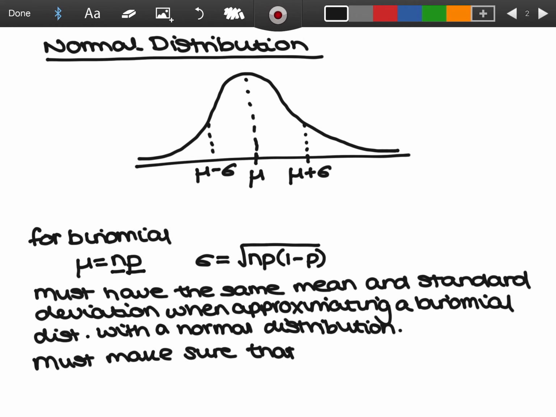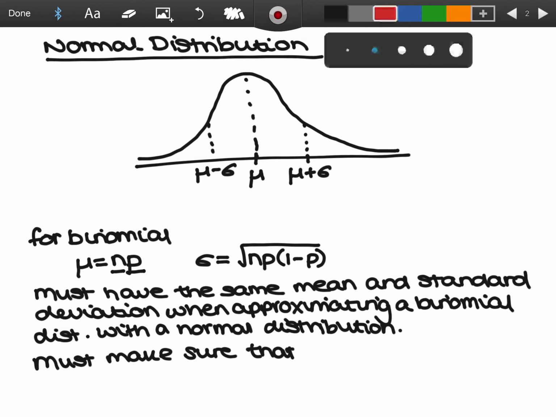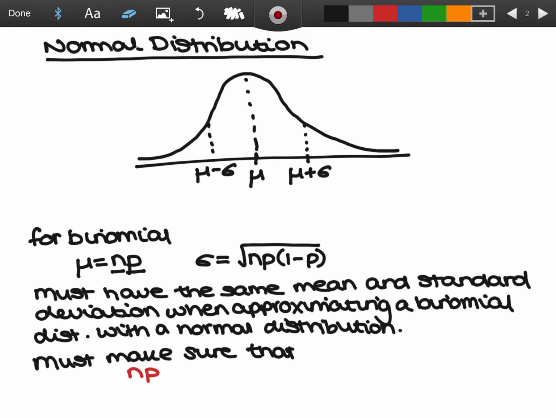First thing is that you would like n times p to be greater than or equal to 5, for at least a reasonable approximation. You would like your expected number of successes, so n times p, that's your mean, to be at least 5, and you would like your expected number of failures to be at least 5.